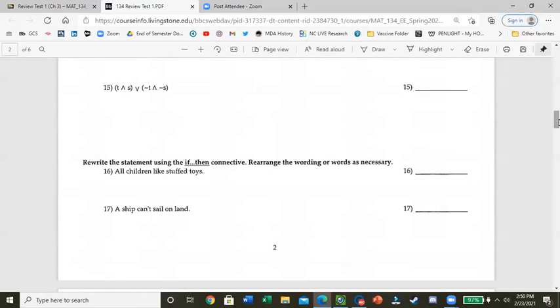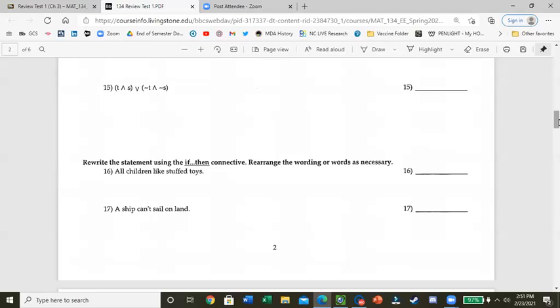Okay, so we have here T, S, and we have parentheses T and S, and then or, and then we've got not T and not S. So this is and, or, and.